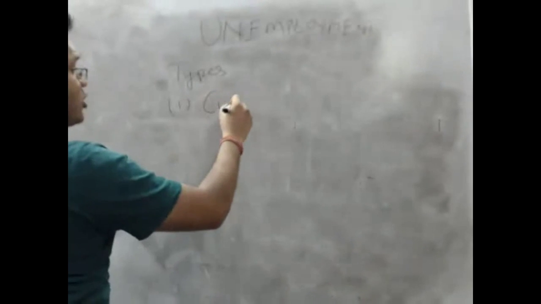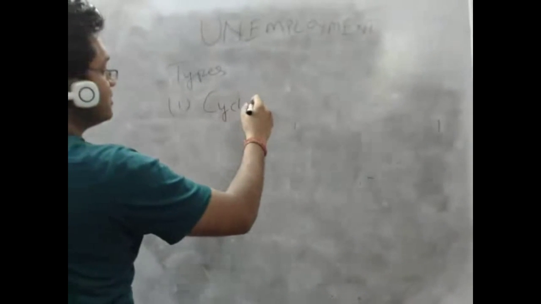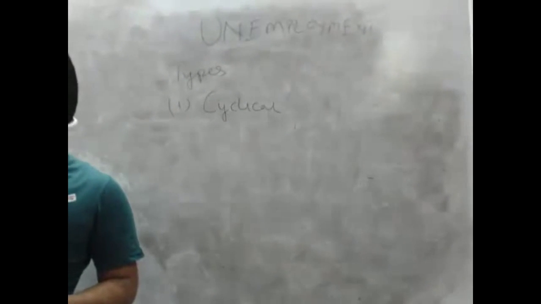Cyclical unemployment. Can anybody tell me what are the different stages in the business cycle? What are the different situations through which we go in the business cycle?